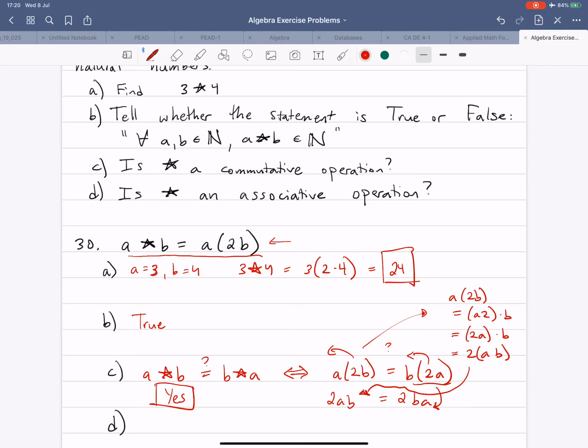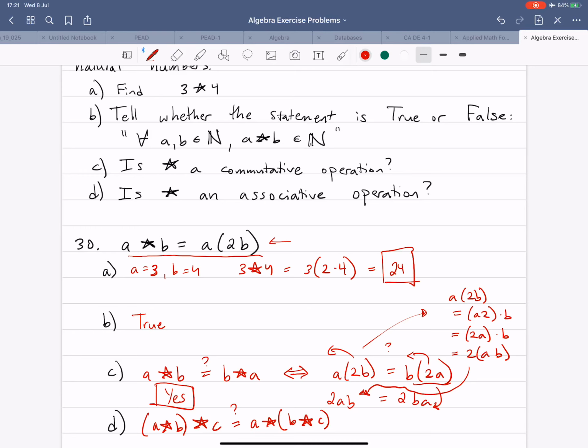Is it an associative operation? This is asking, if I have A star B star C, is that the same as A star B star C, with the grouping changed? Let's take a look at that.